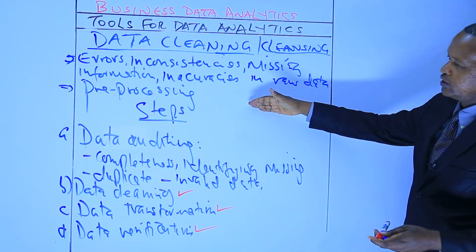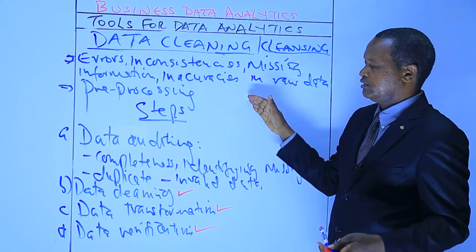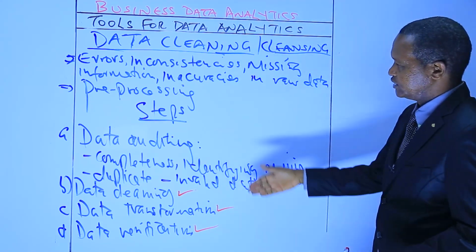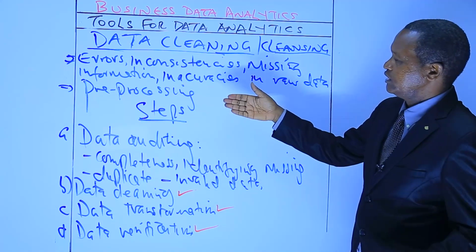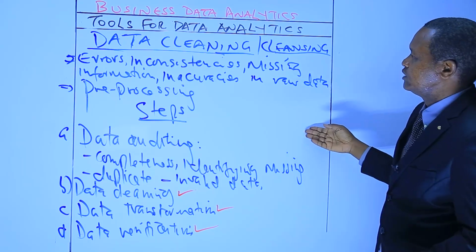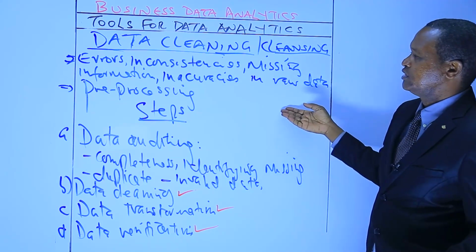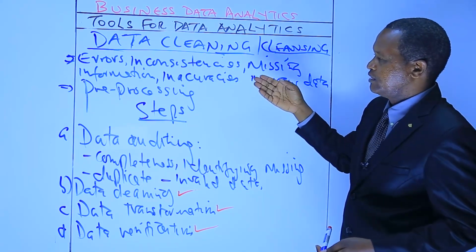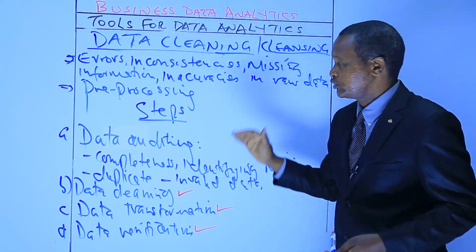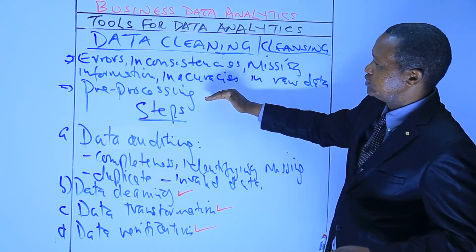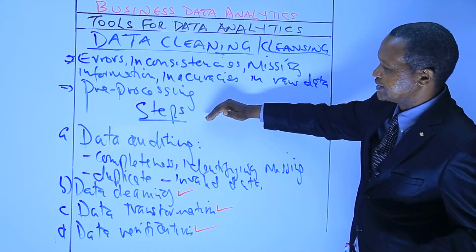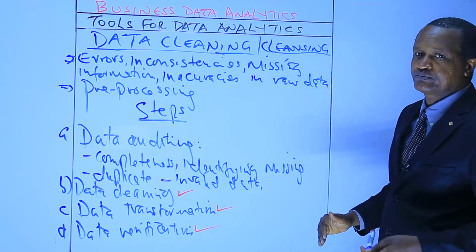Because we know, candidates, the principle garbage in, garbage out. If you input data in a system that has errors, inconsistencies, missing information, and inaccuracies, such data may not give the right or the intended results. That's why it has to be subjected to the data cleaning process.